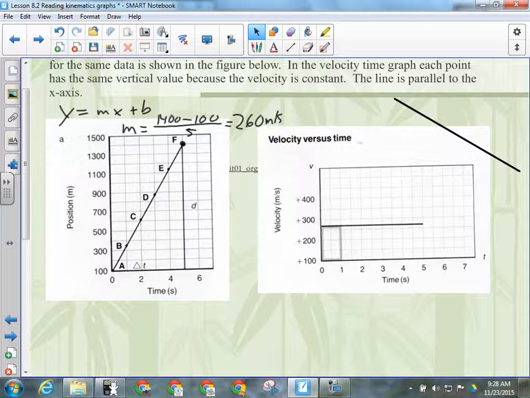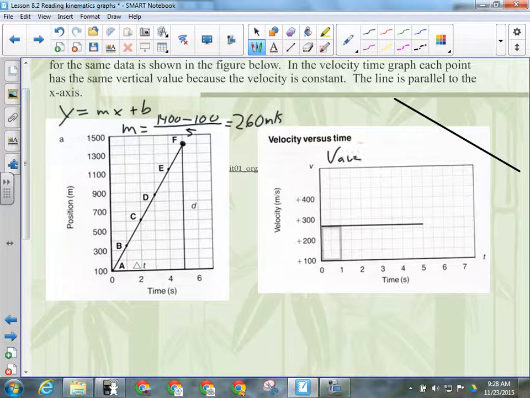It's 260. And I know how long it travels at 260 meters per second for. So really, all you did was this. We're going to find the total displacement by using the average velocity, which we know, and the total time, 5 seconds. We just manipulate it, v times t equals d. Everybody all right with that?